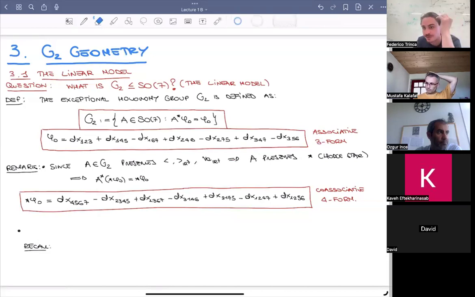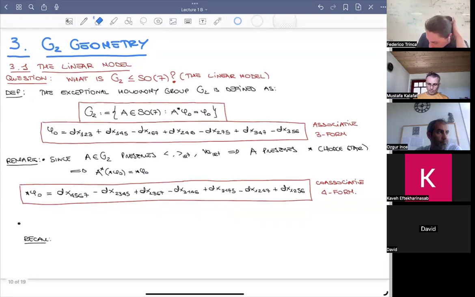We're not only preserving this hideous 3-form, we are also preserving another pretty ugly form, which is this one. I'm sure I haven't convinced you that these 3 and 4 forms are quite bad, but now I will give you another couple of characterizations that are hopefully going to give you a better intuition of what is going on.